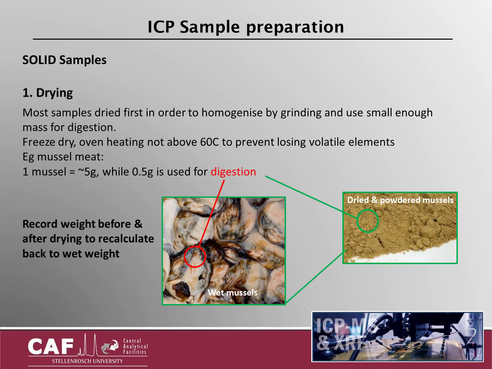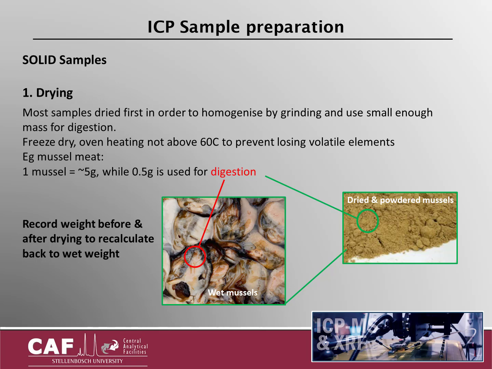Looking at solid samples, most samples will require a drying step first before they can be homogenized and ground into a small enough mass for digestion. If you look, for instance, at mussels that are sampled for trace metal analysis, you'll end up sampling maybe 10 or 20 mussels, each weighing about 5 grams, and eventually we only use 0.5 gram for digestion.